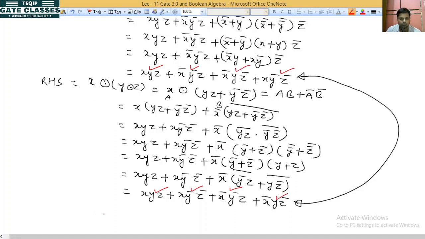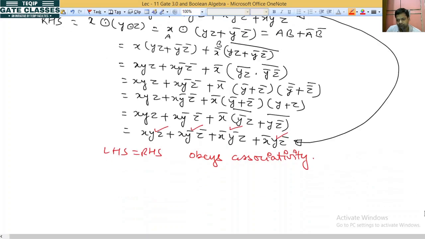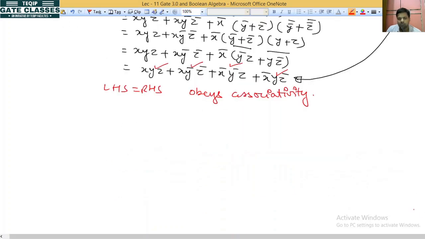Okay na? So both are same. So LHS equal to RHS. It means what? It obeys associativity. Okay na? Similarly you can prove for XOR gate also. Okay na?